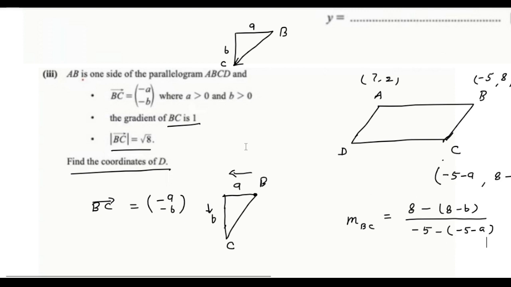So here you will get B divided by A, since the minus 5 and plus 5 cancel. So B divided by A is your gradient of BC and that gradient of BC is given as 1. So B by A is 1. So your B is equal to A.